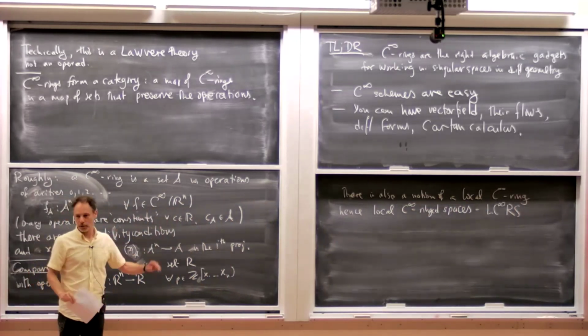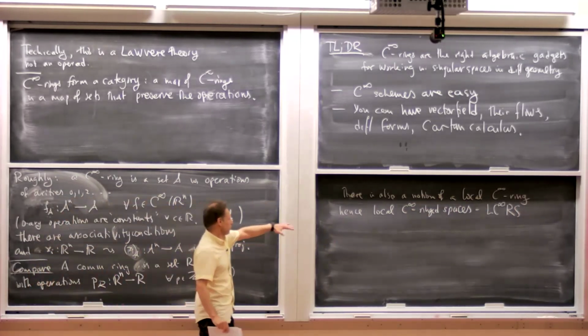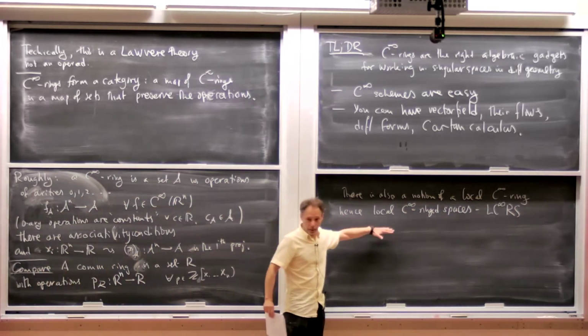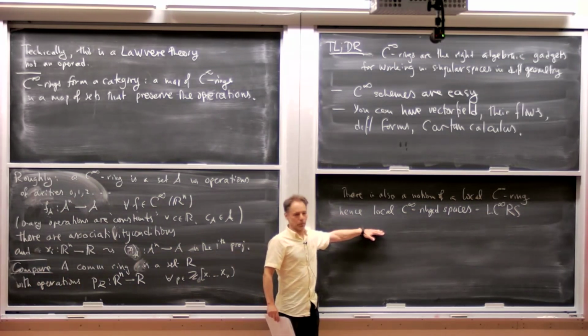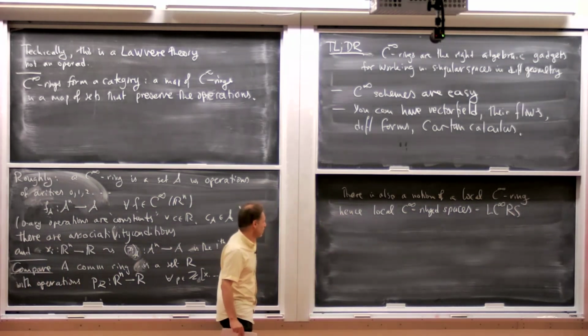What's a local C-infinity ringed space is going to be a space with a sheaf of C-infinity rings, like a manifold. And the stalks have to be local C-infinity rings. And germs of functions on a manifold, they're a local C-infinity ring. They're a local ring. Right?